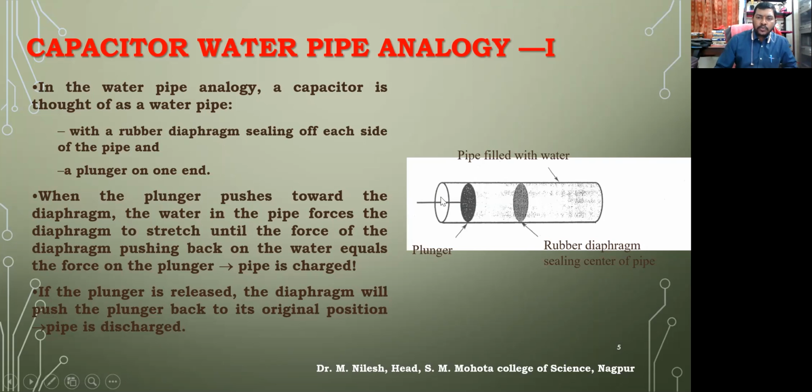Whenever we push this plunger towards the diaphragm, since it is very elastic, it will try to elongate along the side, so it will generate some pressure. Similar is the case for the charges. Whenever charges are being stored, it becomes bulky and pressure is applied as far as voltage is concerned. So here we are putting a pressure, and there the voltage is stored on the capacitors, right? So this is the analogous circuit of a capacitor and a water pipe.